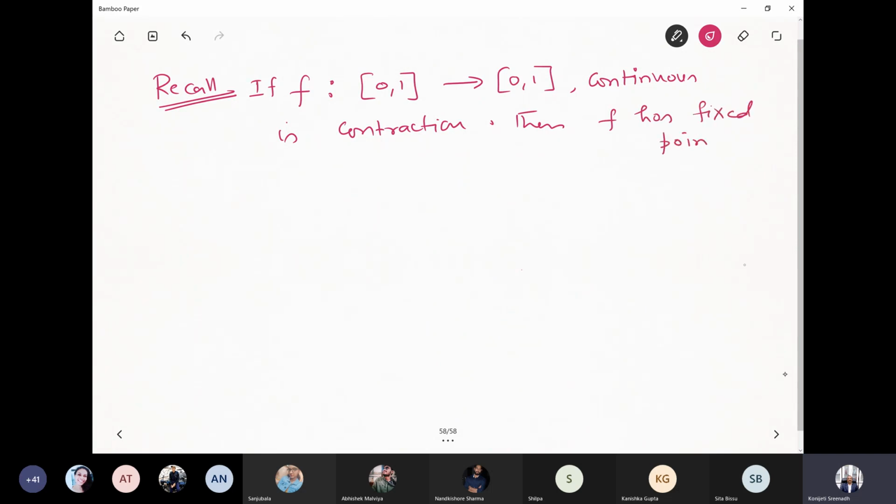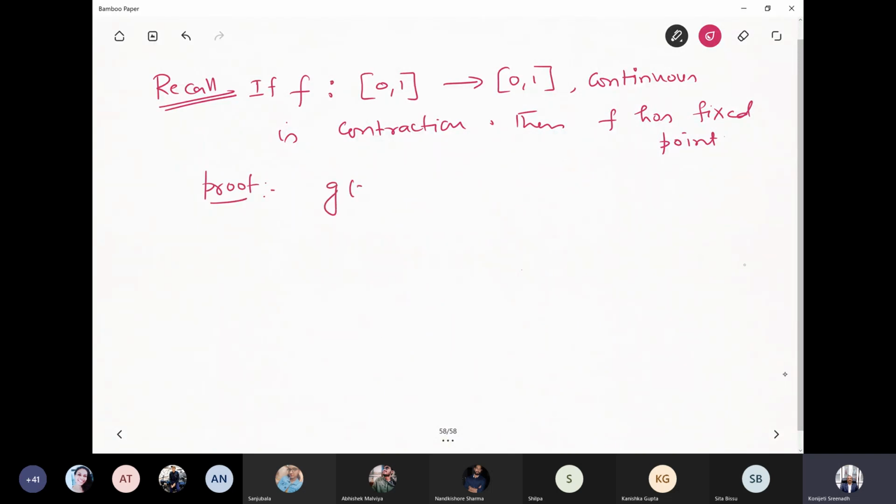Of course, you can also show the unique fixed point. This is only the real line case. We are only taking an interval where the range is 0 to 1 and the domain is also 0 to 1. In this case, the proof simply comes by the intermediate value theorem.